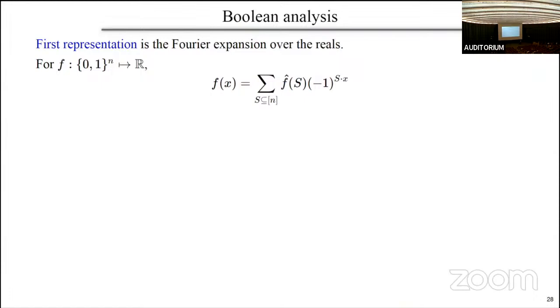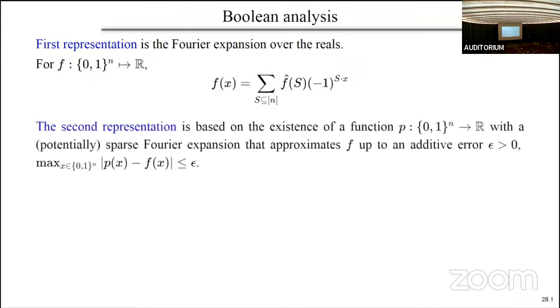The idea of decomposition is to expand your function in some nice bases. For example, we can use the first, very basic representation, which is the Fourier expansion of the reals. You expand a function in a parity basis, and you have this. Or, if the Fourier expansion you have is not sparse, maybe you can approximate it with another function which has a sparse Fourier transform.